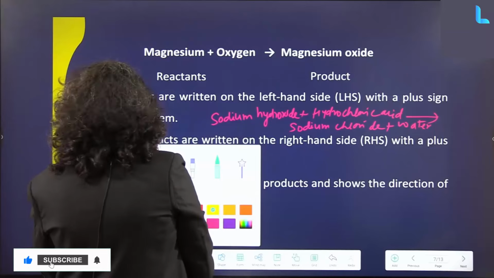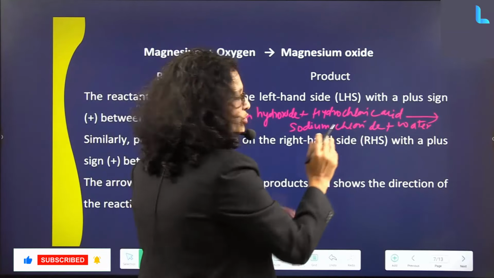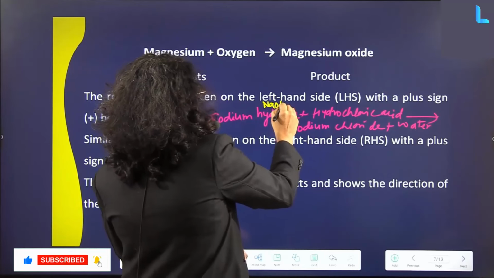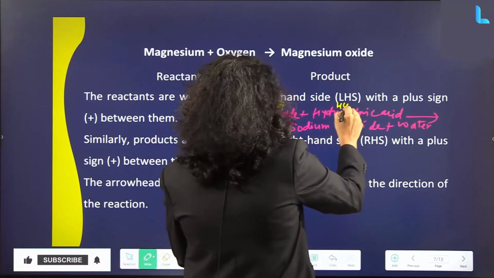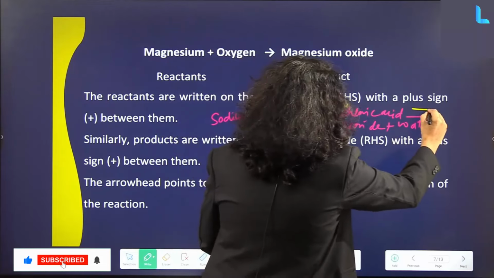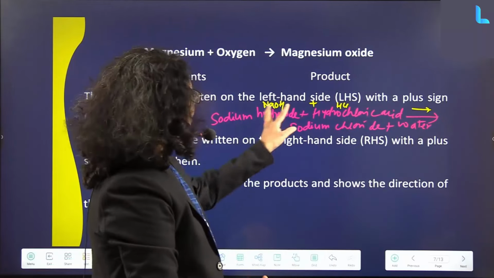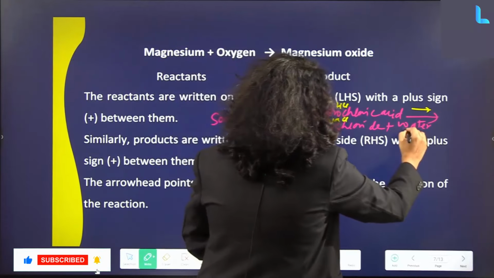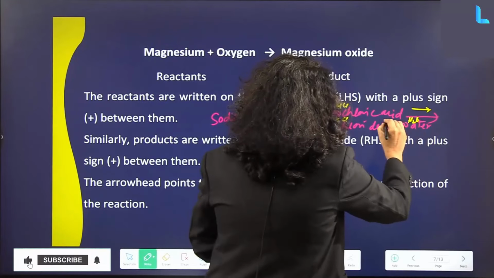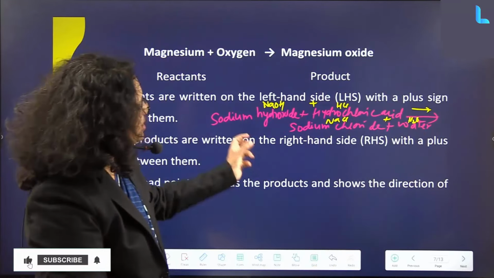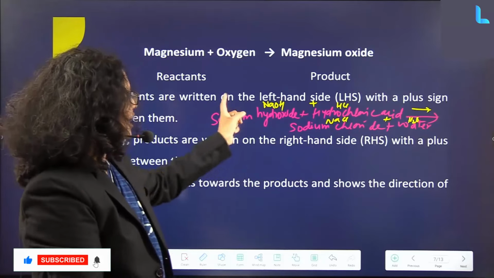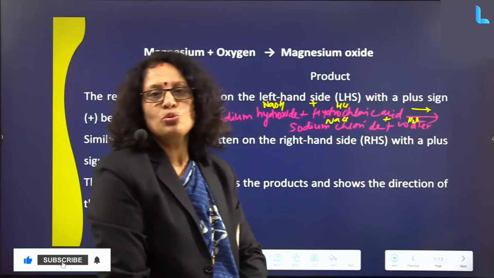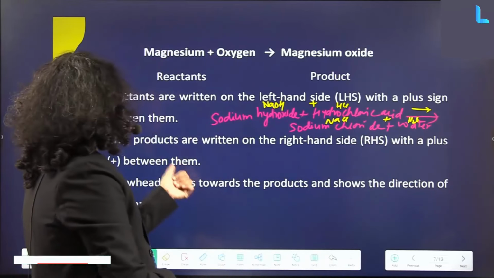What are the reactants, written on the left hand side? In symbols, NaOH plus HCl. There is an arrow in between, which indicates these reactants are converting to products. What are the products? NaCl plus H2O. So this is the reaction. Here on the left hand side there are two reactants, so a plus sign between them. On the right hand side there are two products, so a plus sign between them.